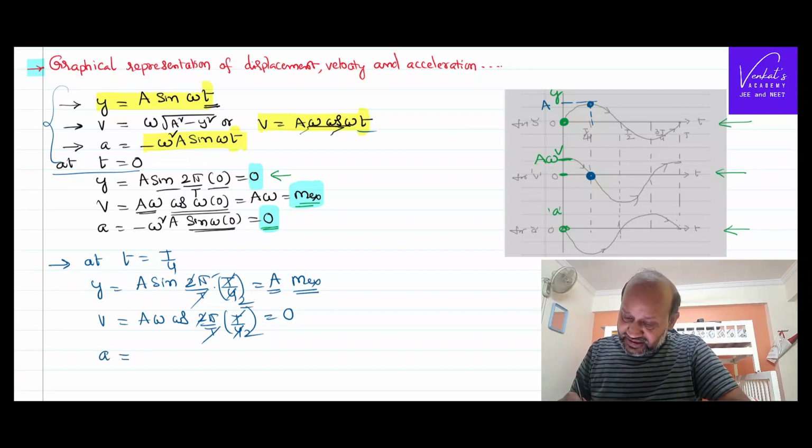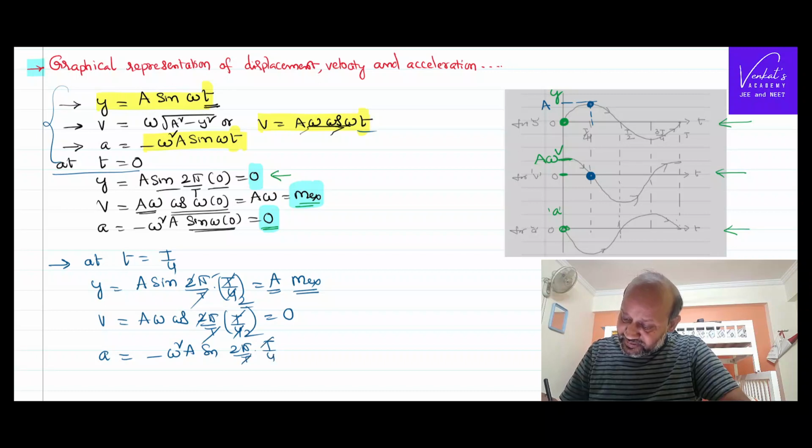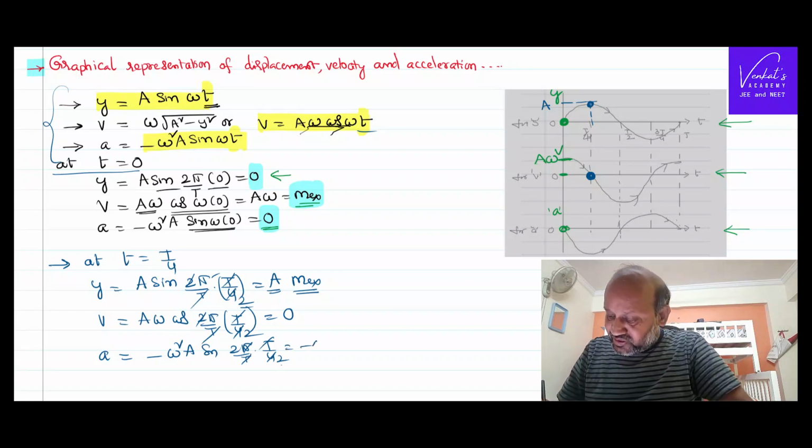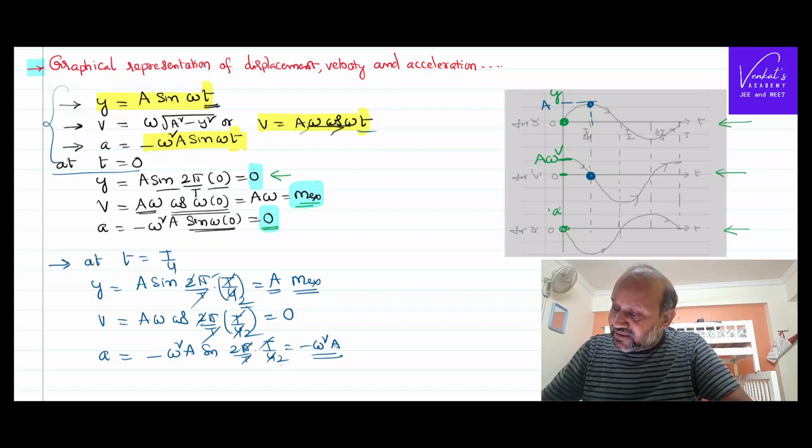Let's have a look at the acceleration. Minus omega square a sine omega t, with 2 pi by T and t equal to T by 4. This becomes again pi by 2, and sine 90 is 1. So this value is minus omega square a. Be careful, it is negative. That's why at T by 4, the graph is at negative maximum, minus omega square a.